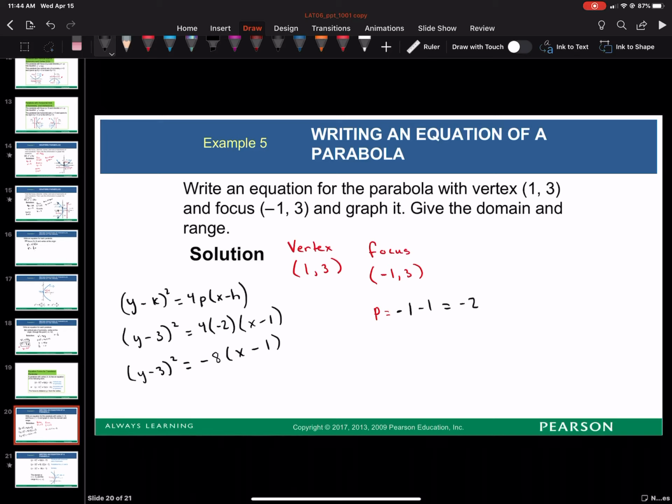Now, the whole point of the minus 1 is because we shifted 1 from the origin. We shifted up, so we want to make sure that we understand what we did. Since we went up, we have to shift the p up as well.